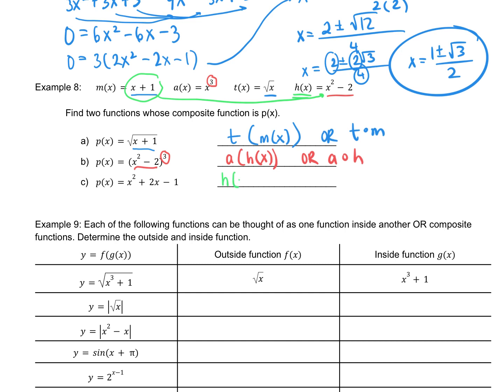Let's see if it's h of m of x. If it were, that would mean I'm replacing x squared with x plus 1 squared. So I'll write the bracket out twice, and then minus 2. If I do my distribution, x squared plus x plus 1 minus 2, this does in fact, if you collect your like terms, get x squared plus 2x minus 1. So h composite m is the correct answer here.